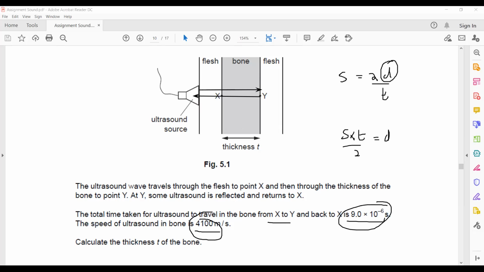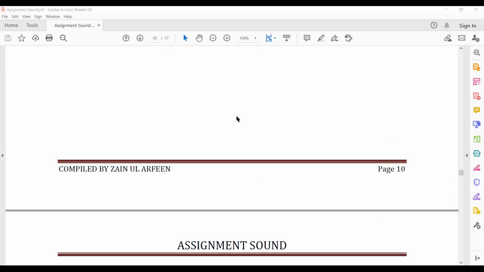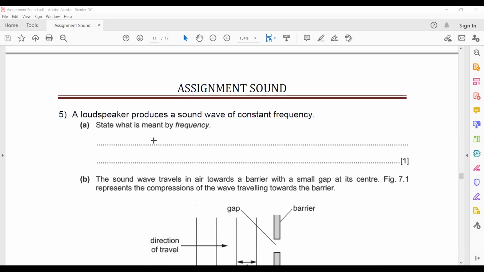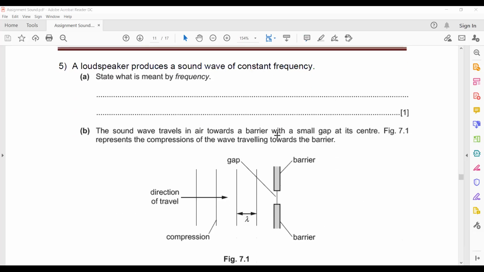Is it clear how to do this question? So 0.0185 meter. Then state what is meant by frequency: the number of vibrations in 1 second is known as frequency.